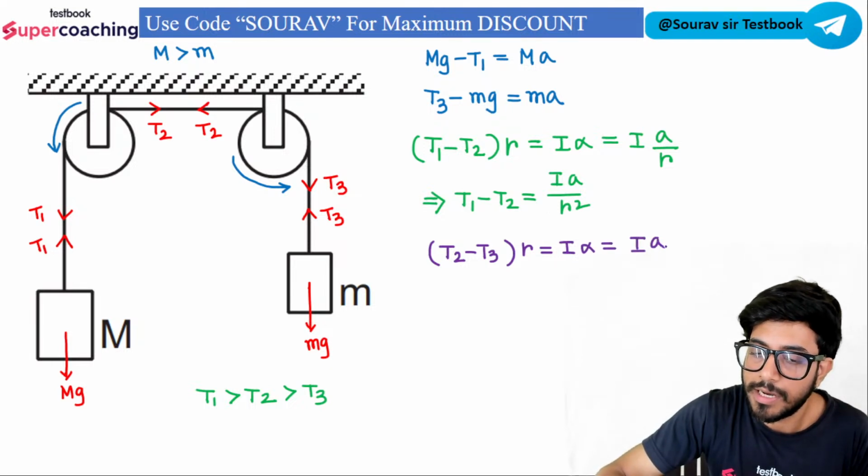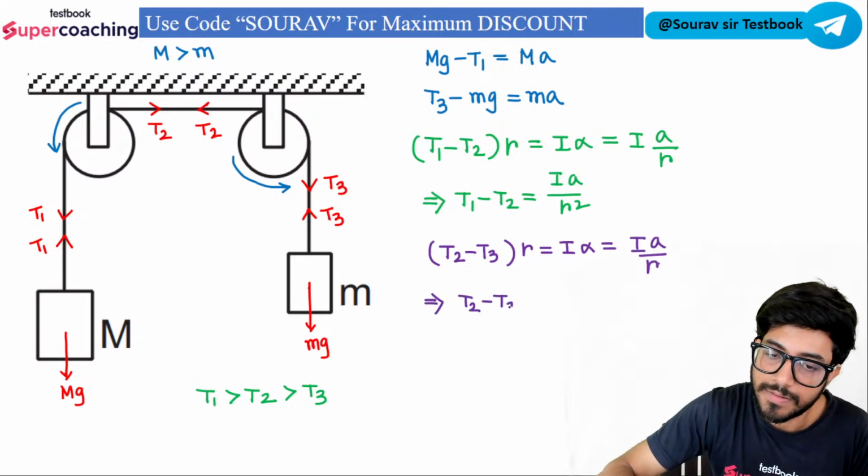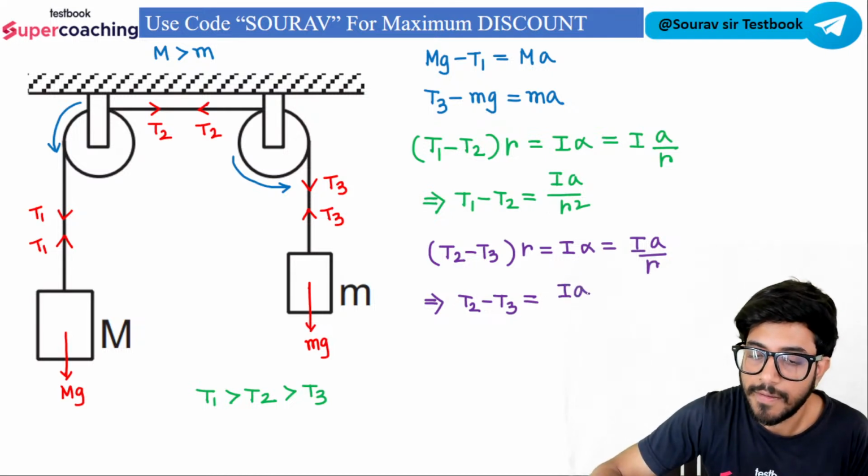That means T2 minus T3 is equal to I a divided by r square.